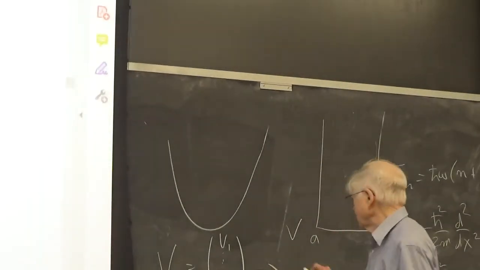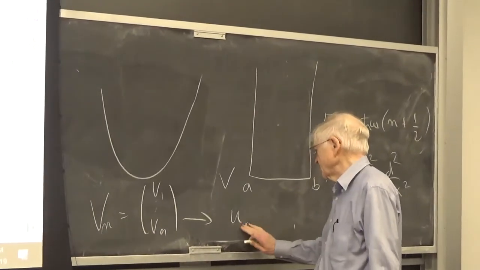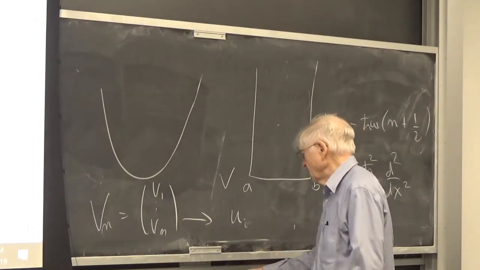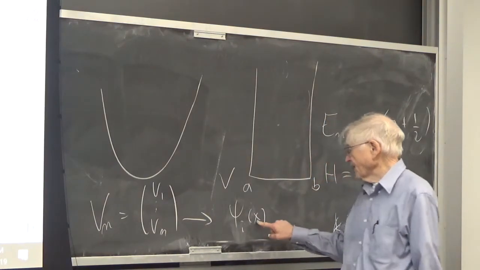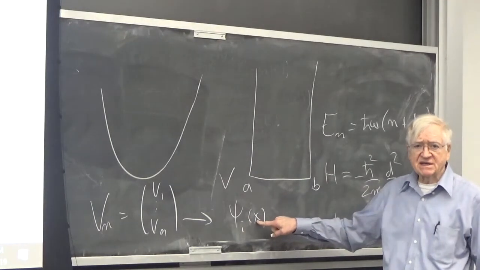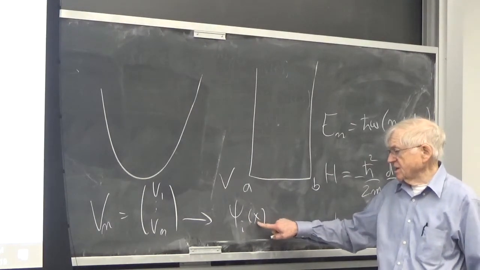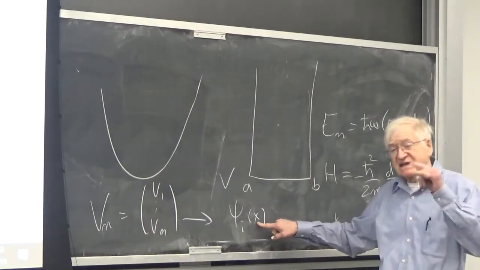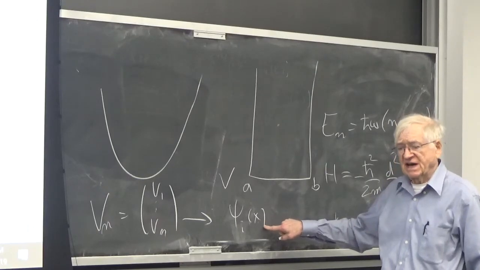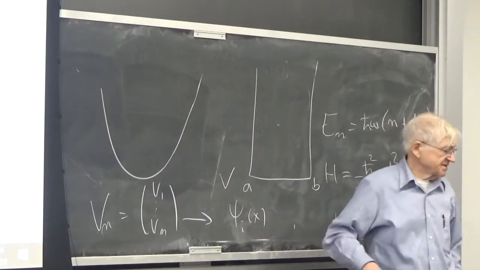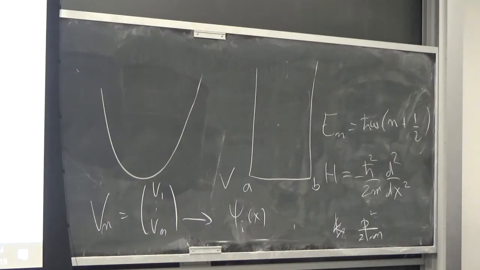We've gone from that to psi i of x, where x goes from a to b, or from minus infinity to plus infinity. So this is a vector with continuously infinitely many components corresponding to every value of x. And so we have a much more general situation here, namely that the eigenvalues of an SL differential equation are real.